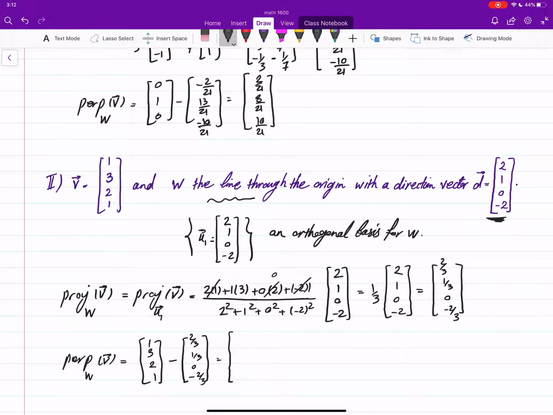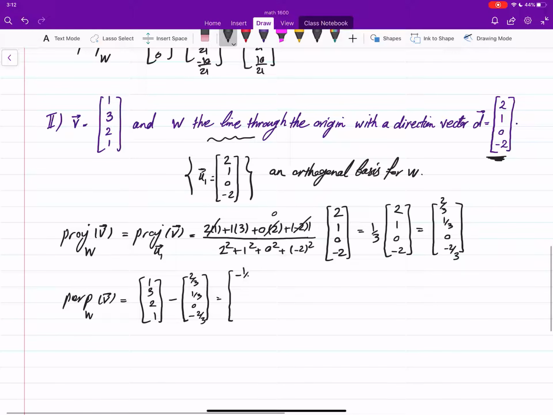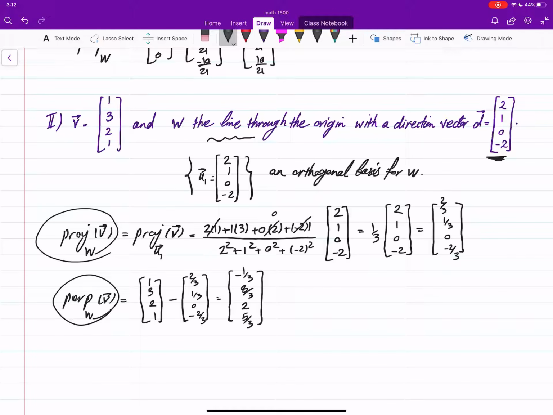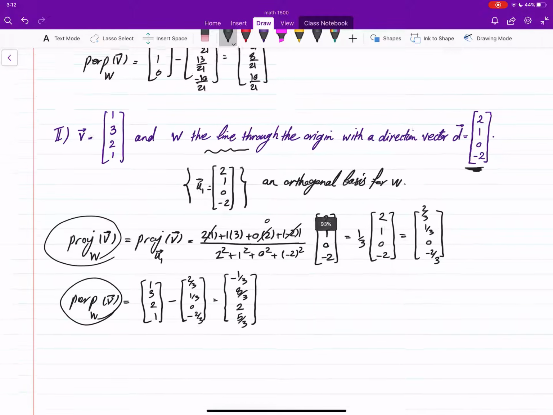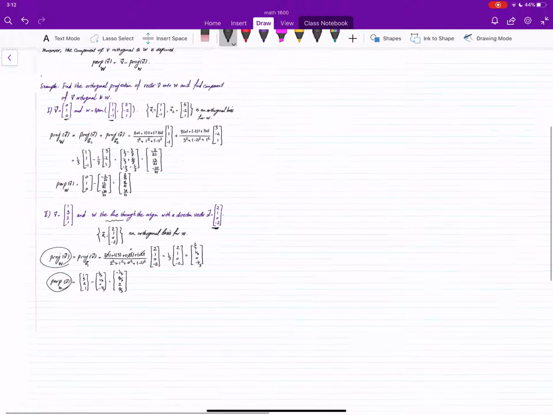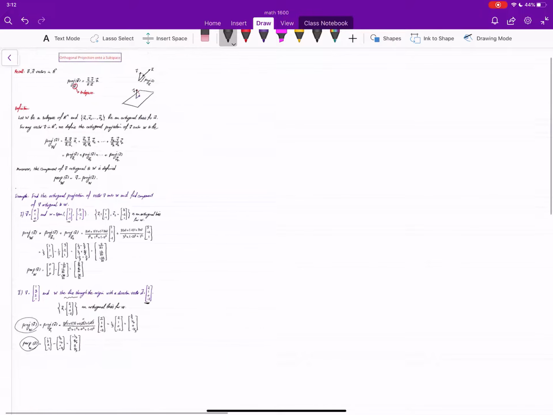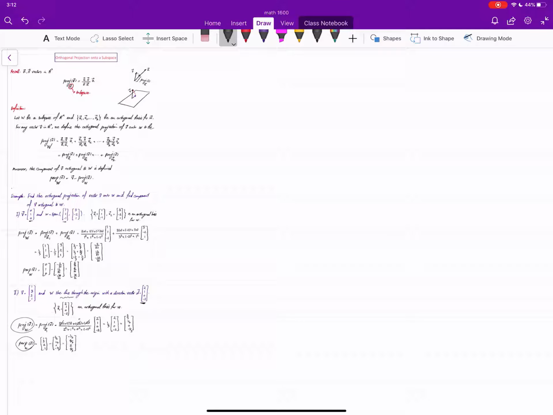This is 1 minus 2/3 is negative 1 over 3. 3 minus 1 over 3 is 9 minus 1, this is 8 over 3. This is just 2, and that is 5 over 3. So we computed both components of v with respect to W. In the next videos, we will study the properties, and we will introduce something very important: orthogonal decomposition of a vector with respect to subspace.